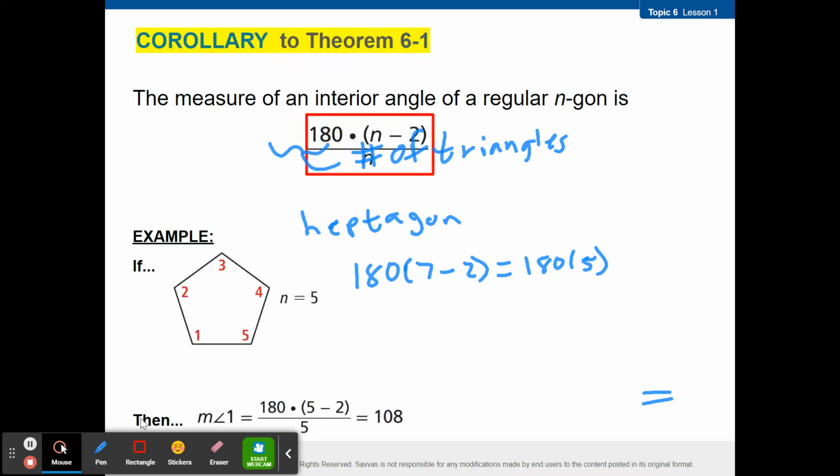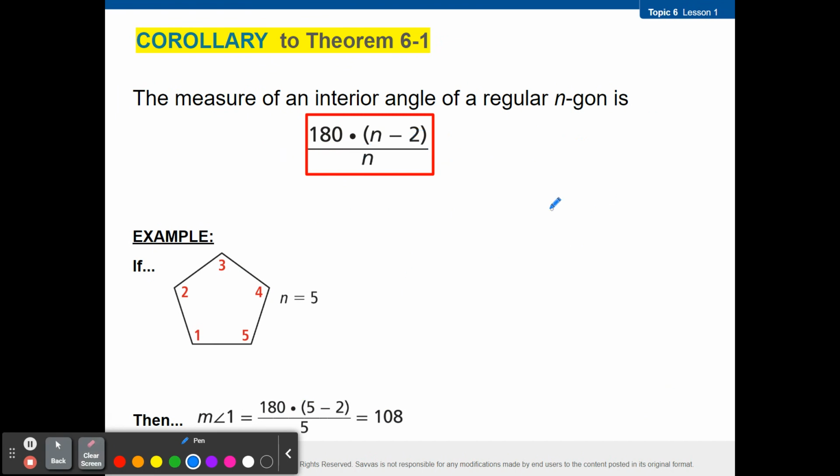All right, now this is the corollary to this. The corollary to that theorem, okay, is the measure of an interior angle of a regular n-gon, so regular polygon. This is important. Regular means sides and angles are equal.